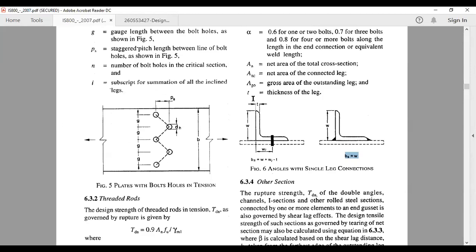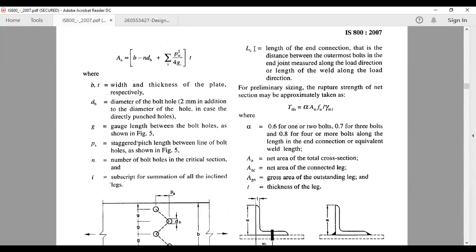That itself is your length of the end connection, from first bolt to last bolt. Say if I have provided 8 bolts in a connection, the number of pitch distances I'll come across is 7. If the pitch distance is 50 mm, 7 into 50 will be my Lc value, the length of the connection.